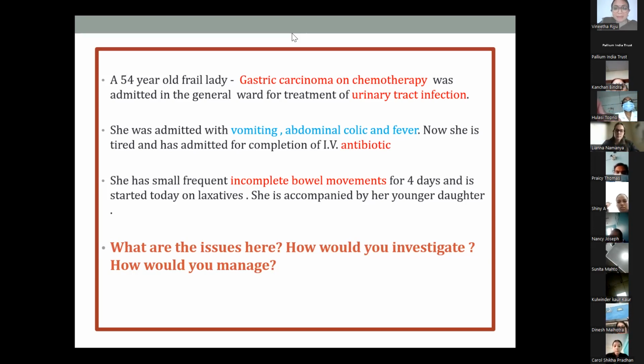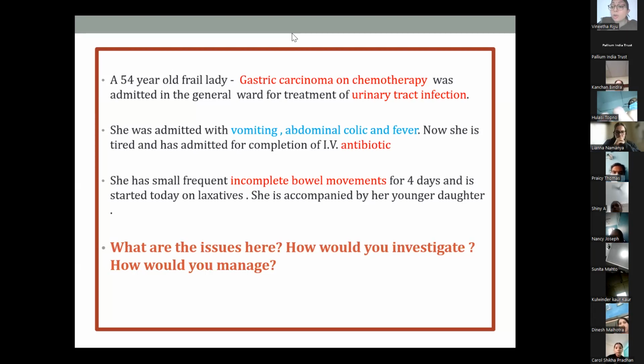What else? What else is here? The constipation, yes. Shiny was saying constipation. Liana was saying the urinary infection. Yes, urinary infection is known to cause vomiting and joint pains. Yes, Mr. Dinesh, Pricey, everybody agrees to that. That the urinary infection could also be the cause here.